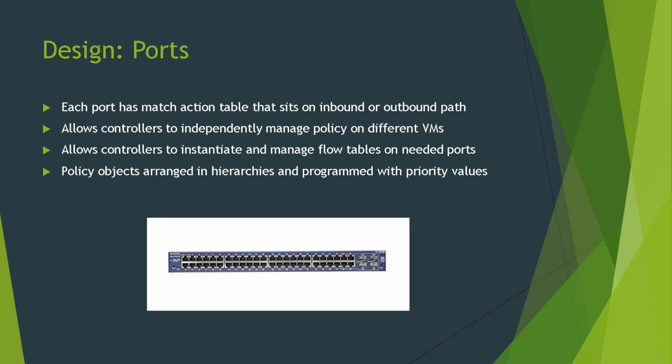For example, a virtual machine in a virtual network could have tables with encap and decap rules for traffic into tunnels, which some other virtual machine that isn't currently in that virtual network doesn't really need to know about. The other objects for VFP are all arranged in fixed hierarchies with priority values. These priority values help determine the order in which they will be processed in rule matching.